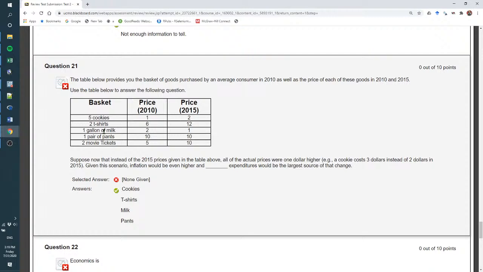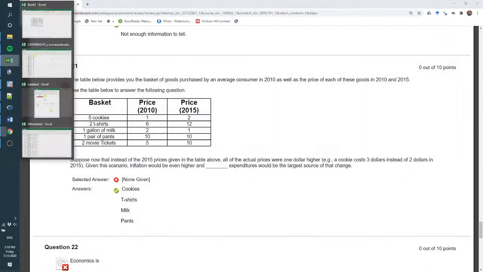And what I mean here is that a large chunk of our expenditures are going to be driven by our cookies. And to see this, let's return now to our CPI.